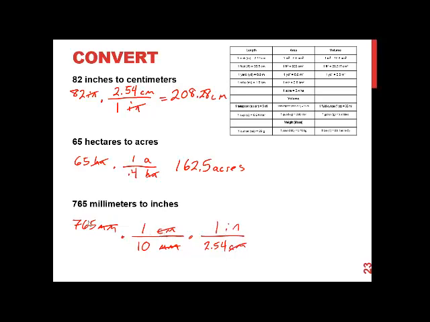Divide out my centimeters, and I'm left with 765 divided by 10 times 2.54, which would be about 30.12 inches. And that's converting millimeters to inches.